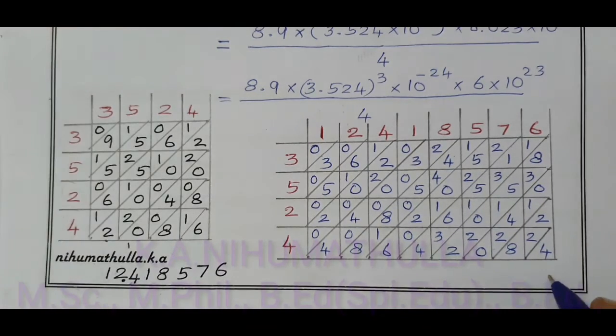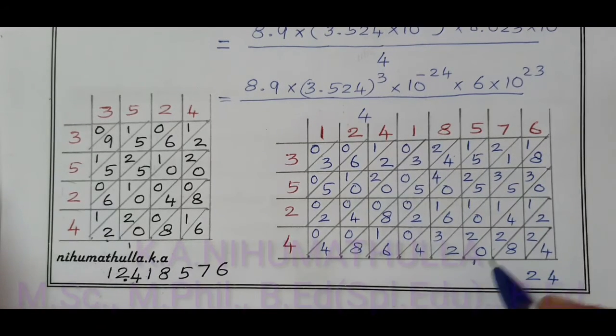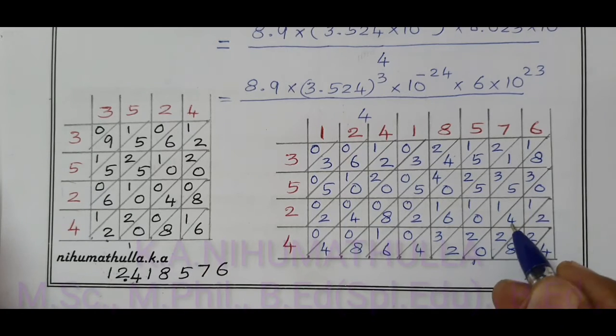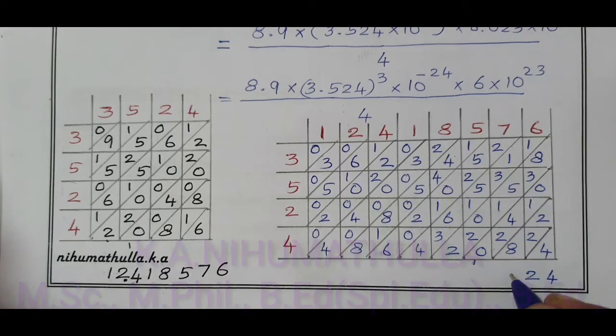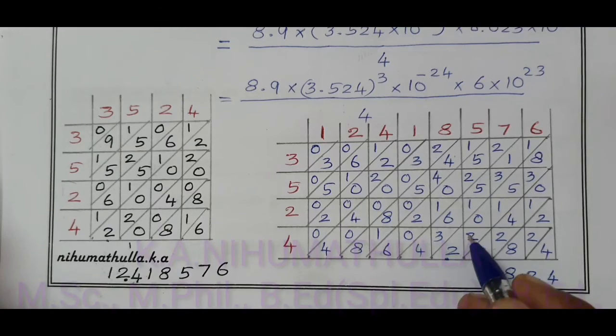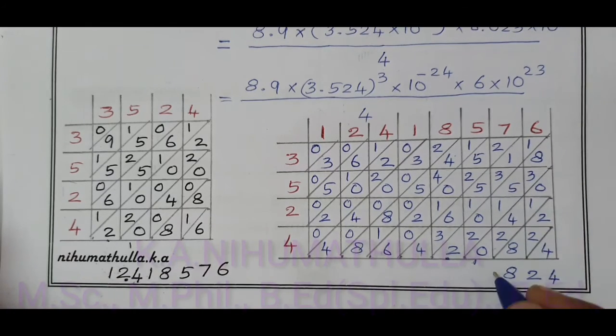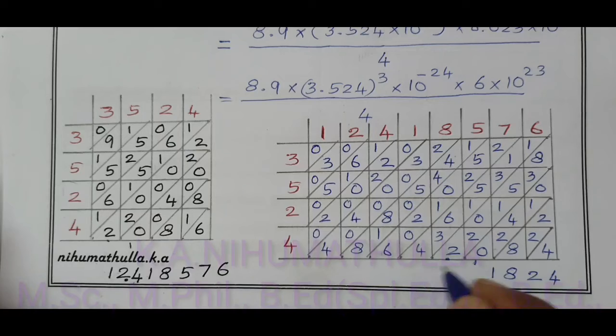Here first part 4 is over. 8, 10, 12, remaining 1. So 1, 3, 7, plus 1 equal to 8. This part over. Now come to this one. 2, 4, 5, 10, 13, 21. Remaining 2. This part over.